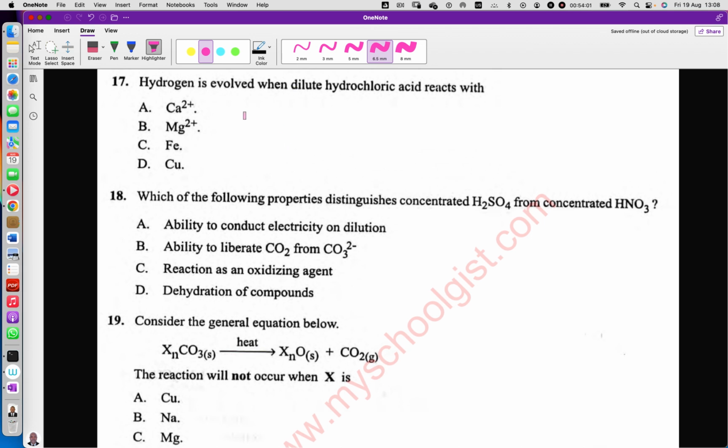And the gas that is produced when magnesium ribbon reacts with dilute hydrochloric acid is hydrogen.